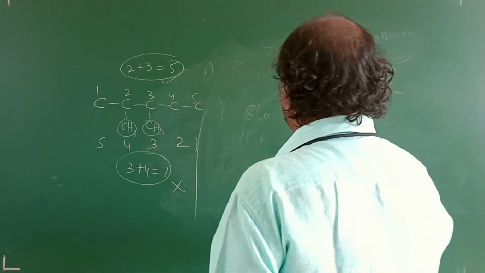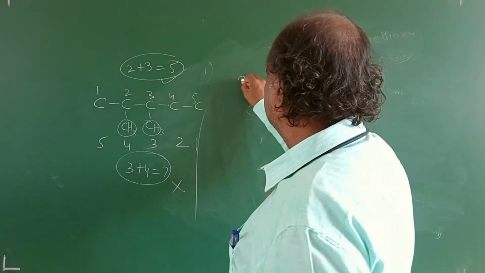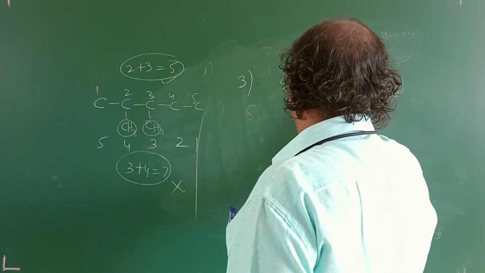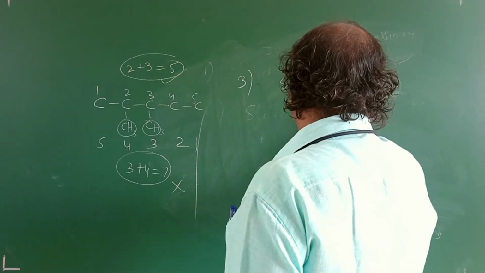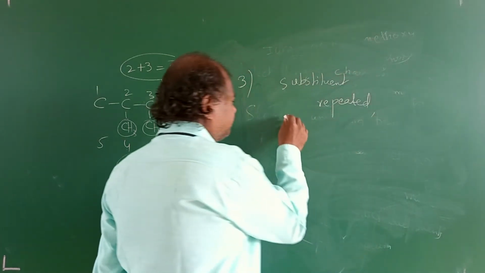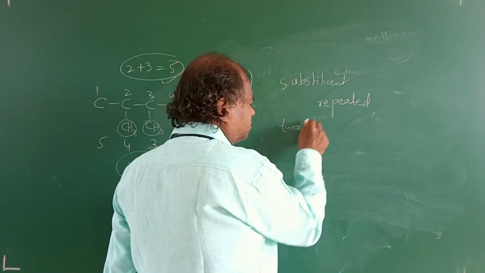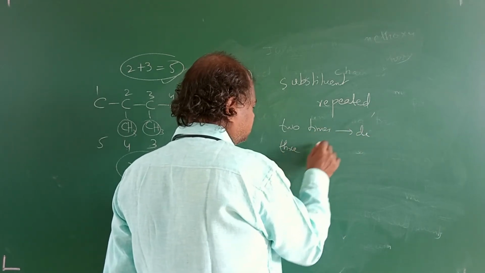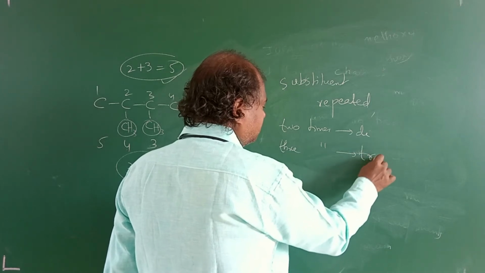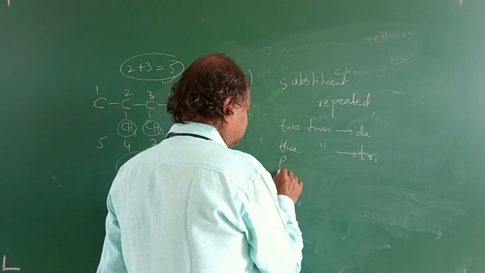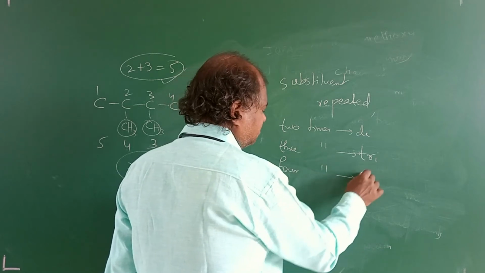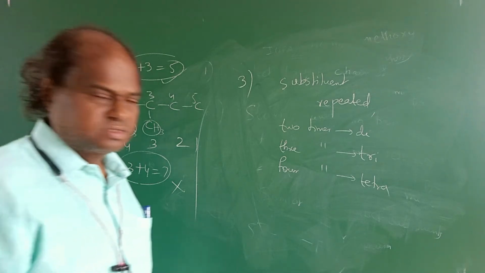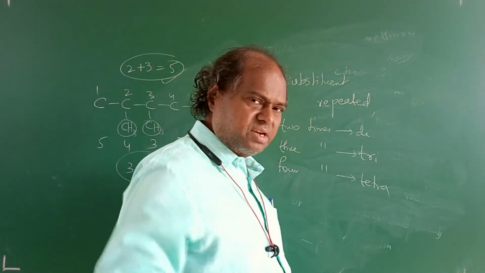And the third thing is, if the same substituent is getting repeated 2 times, then you use di. 3 times, you use tri. 2 times di, 3 times tri, right? 4 times tetra, like that.